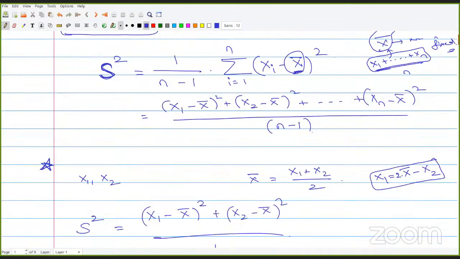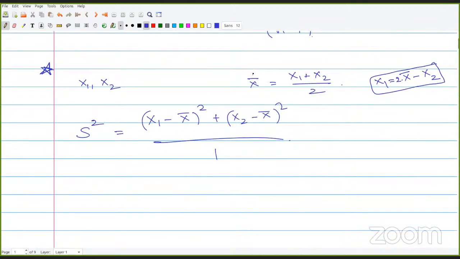Now we know the sample mean, so this is fixed. X bar is constant. And x bar is actually the sum of the two random variables divided by 2. That is what sample mean is. As this is fixed, you take it as some value k.